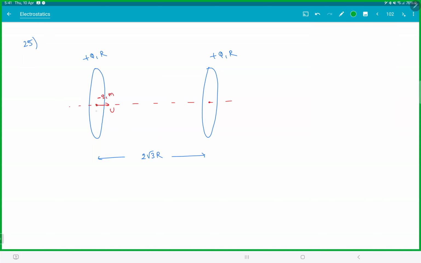I want this particle to go from this center A to this center B. Find u minimum for the particle to reach B. Projected from center A as shown.